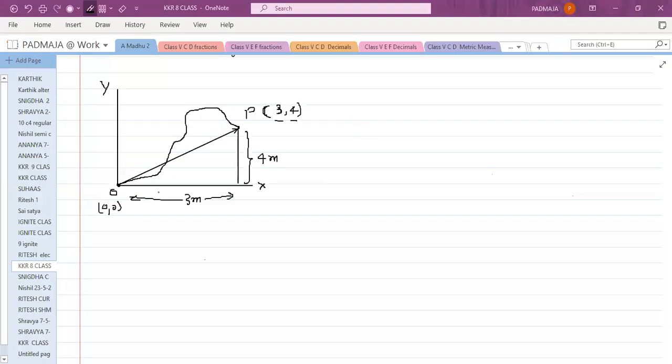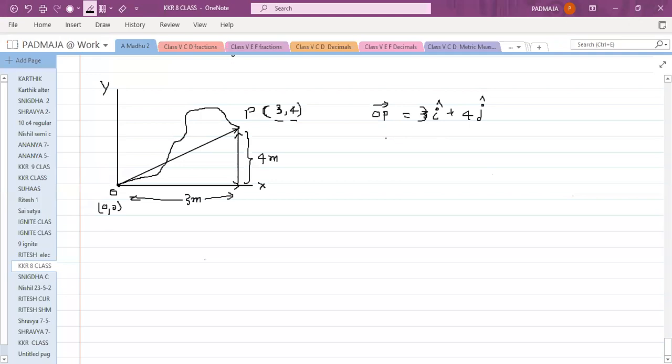Now the distance traveled along the x-axis and along the y-axis, you know. So now you can write the position vector of the particle, OP bar, as 3i cap plus 4j cap, which we already know how to write in vector notation.